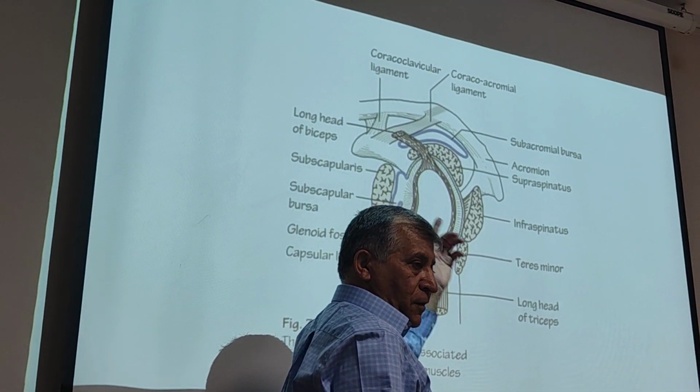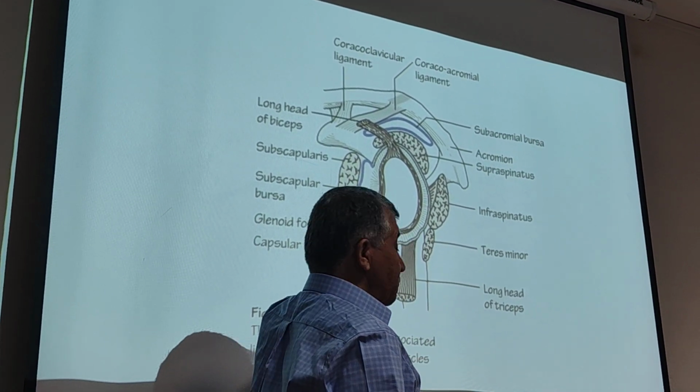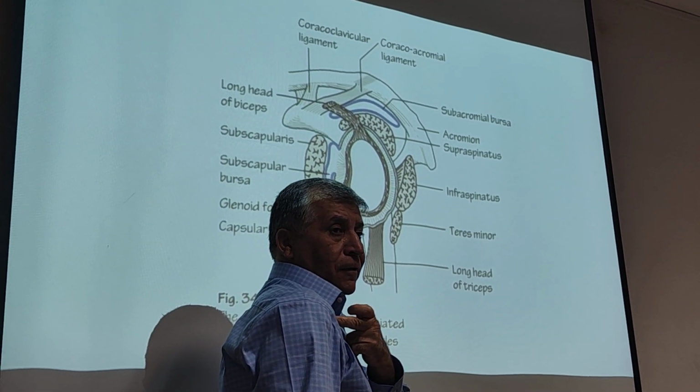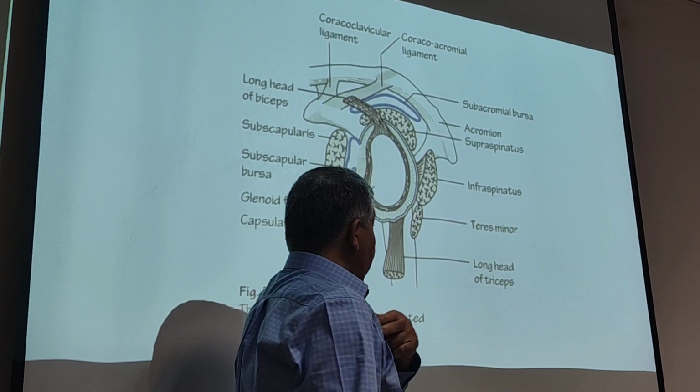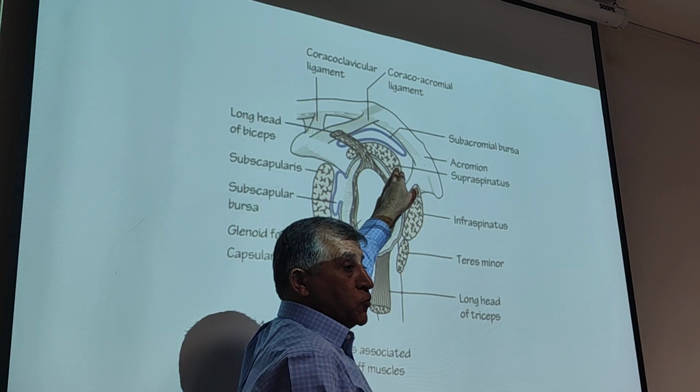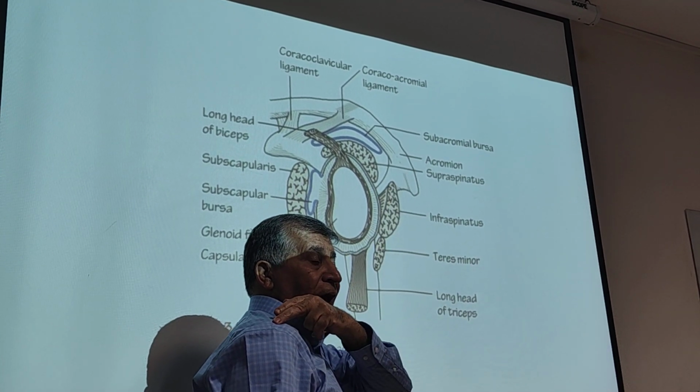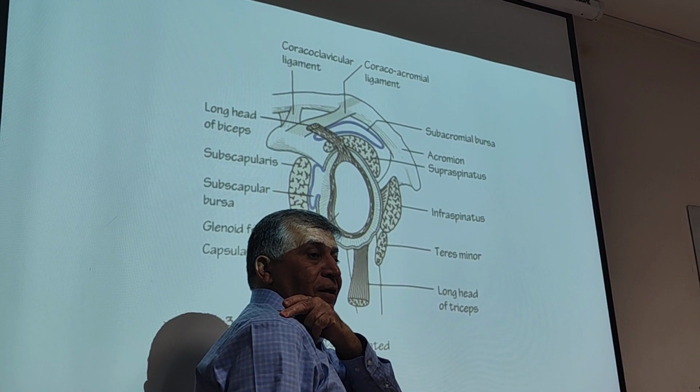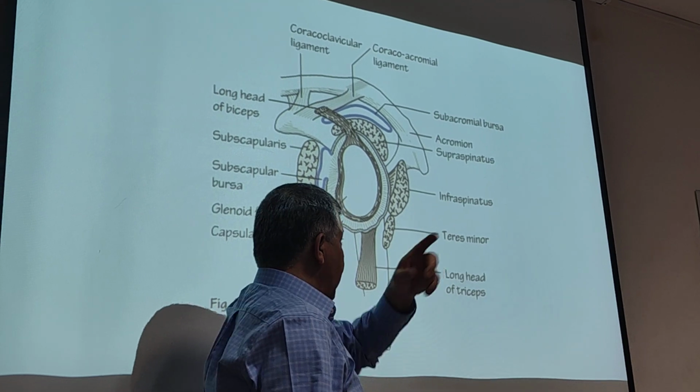Anteriorly by subscapularis, this muscle attached to the lesser tubercle. Superiorly by supraspinatus attached to the greater tubercle.